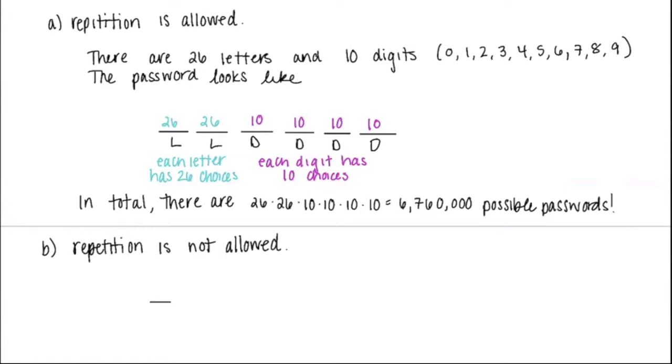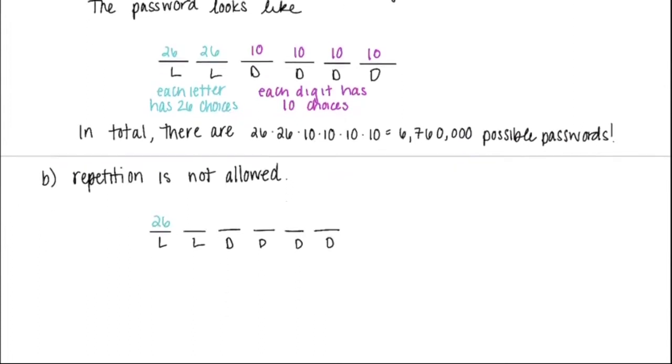So I still have the same setup of a letter and a letter, followed by 4 digits. When I go to select that first letter, I still have 26, but now I can't repeat it. So whatever letter I've picked is out of my pool. I have 25 letters left to choose from. So here there's 1 less letter.